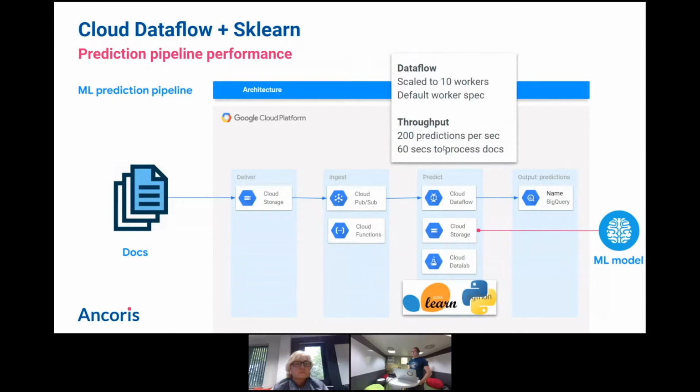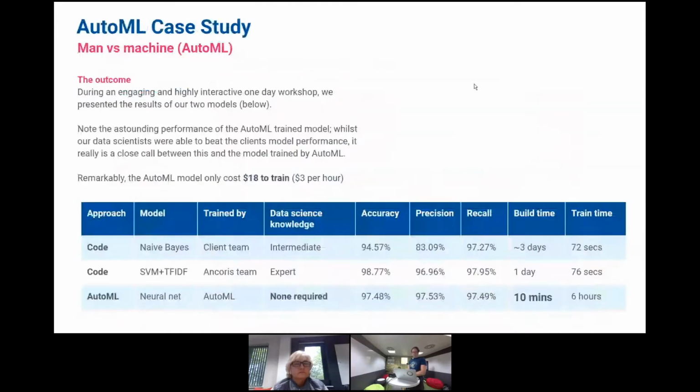So it's doing 200 per second and 60 seconds to process their entire cohort of 12,000 documents. You could scale that a lot more if you wanted to, or fewer if you wanted to save costs. But yeah, Dataflow's a good product. We prefer DBT because it's simpler, but for some things you couldn't do this in DBT. For example, you wouldn't be able to get this throughput either. So Dataflow is perfect for that.